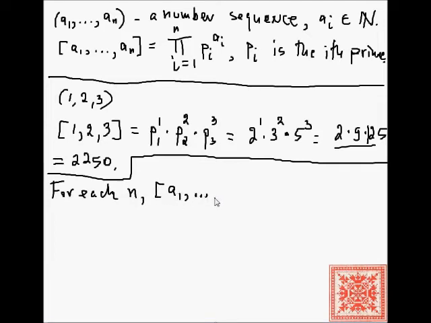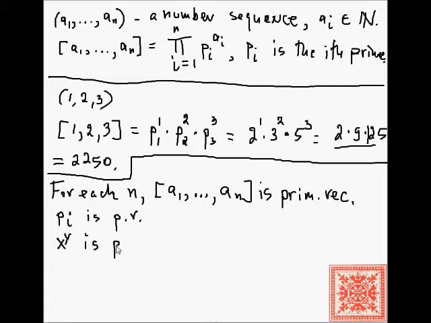Now for each value of n, the computation of the corresponding Gödel number is primitive recursive. That's for every n, where a1 through an are natural numbers, because computing the ith prime is primitive recursive, as we showed in one of our previous screencasts. Then the power function on natural numbers is also primitive recursive.